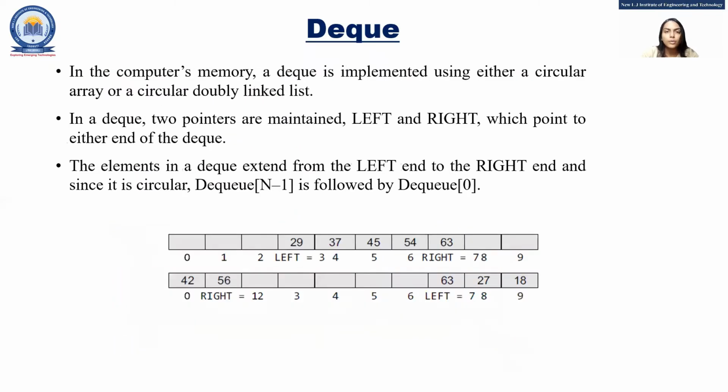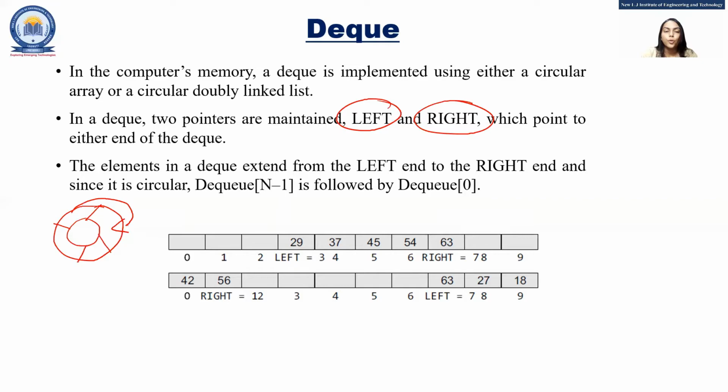Now, students, how is it stored in computer memory? If we want to implement it, we can either use a circular array or a circular doubly linked list. We know from circular queue what a circular array is. It is basically an array in which we can insert elements, and once the size of the array is full, it again points to the first position.